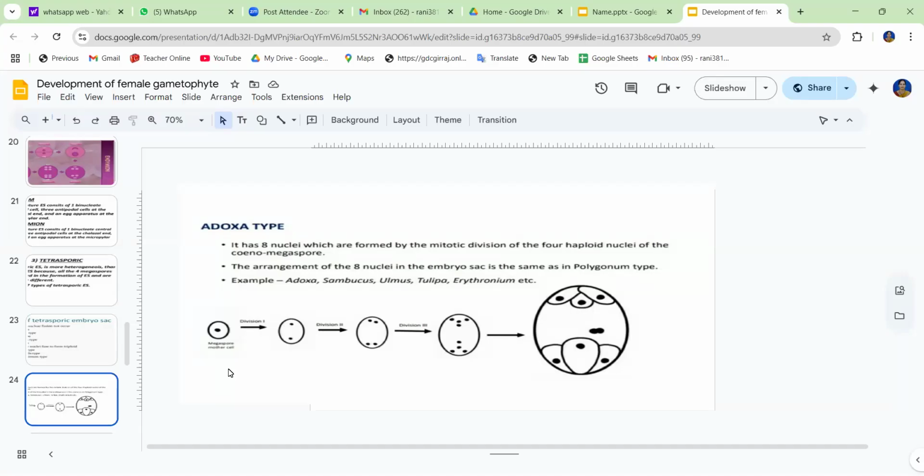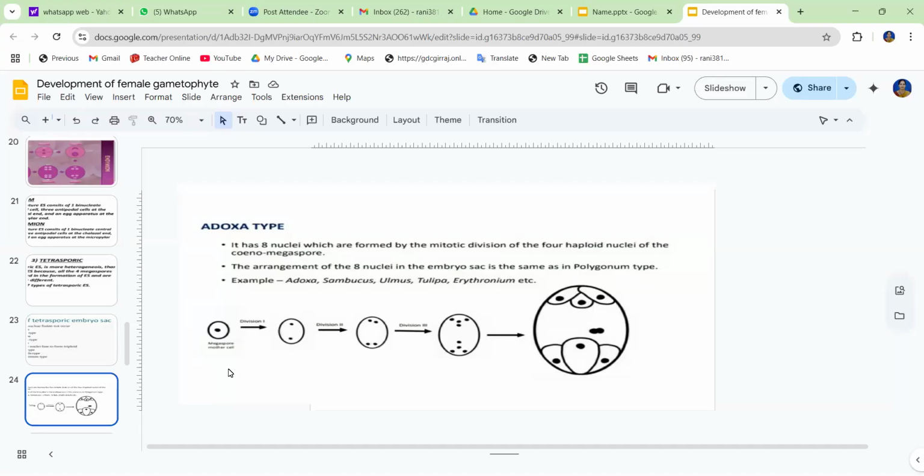Here the development of the embryo sac takes part by the 4 nuclei, that's why it is called a tetrasporic embryo sac. In this type, the 4 megaspore nuclei divide to form 8 nuclei, which form a normal 8-nucleate embryo sac.